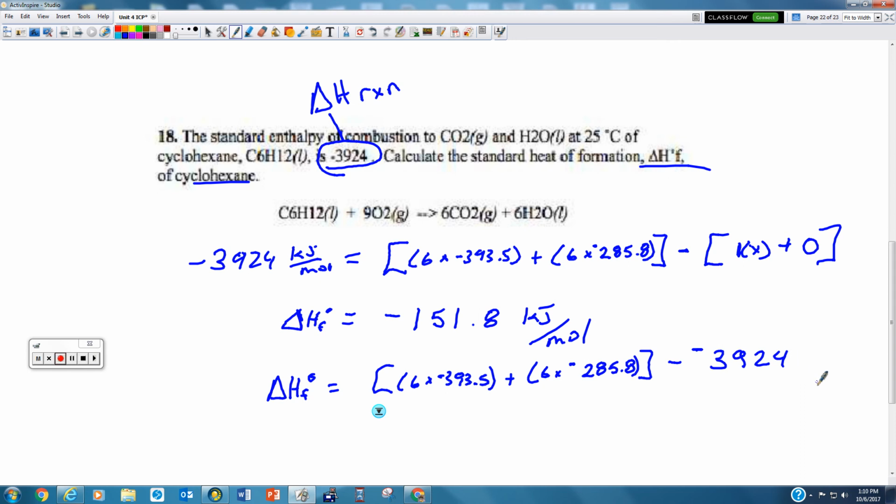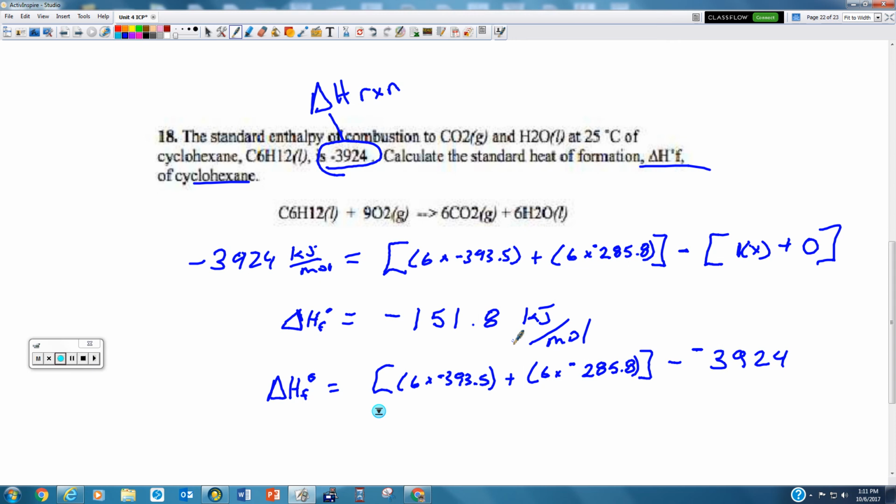Because all I did was just flip things, just did a little algebra there to get to that. So we end up with this situation. So you should have got 151.8 kilojoules.